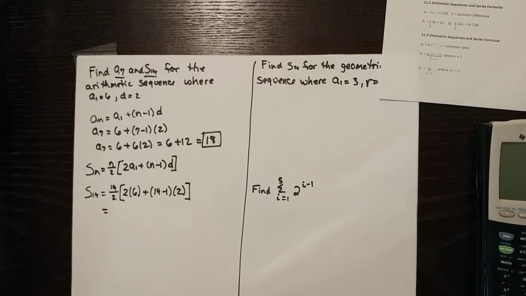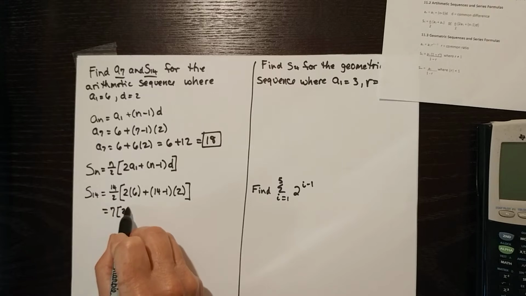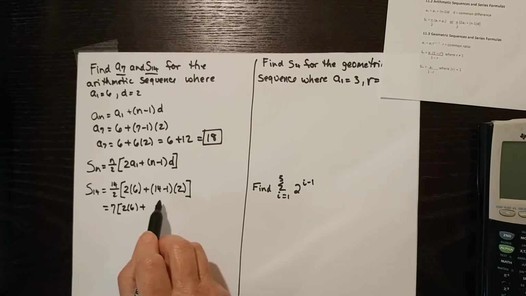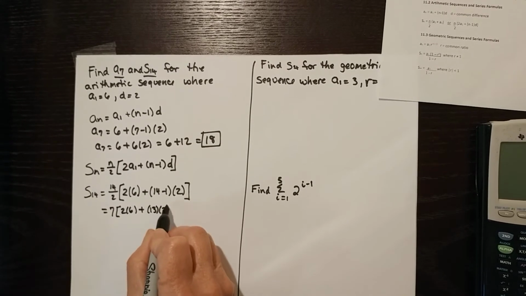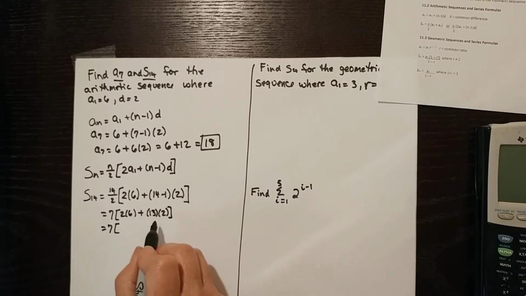Then I use order of operations to evaluate this. On the outside of the bracket, I have 14 divided by 2. It's not going to hurt anything if I go ahead and divide that, so that's a 7. Then inside the brackets, I have 2 times 6, plus, over here, take care of this innermost parentheses, 14 minus 1 is 13, times 2. Now I'm working on the bracket. I have a multiplication and a multiplication.